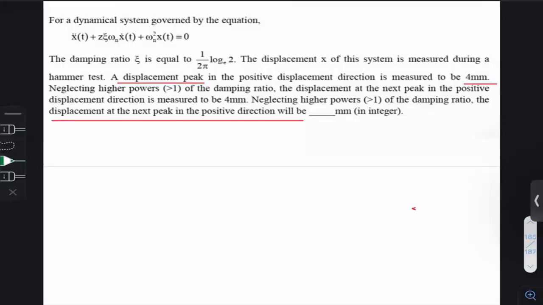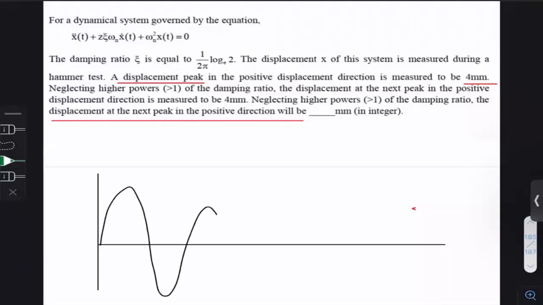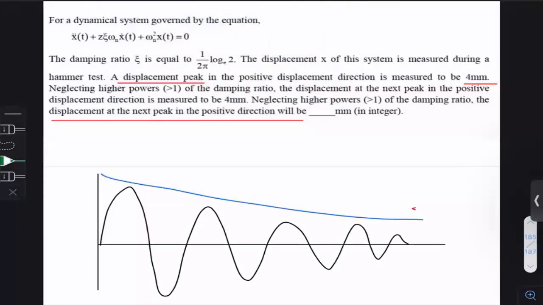So guys, see, whenever you see its graph, it will be like this, going like this, right? And this will be exponentially decreasing, right? Remember that. Exponentially decreasing.